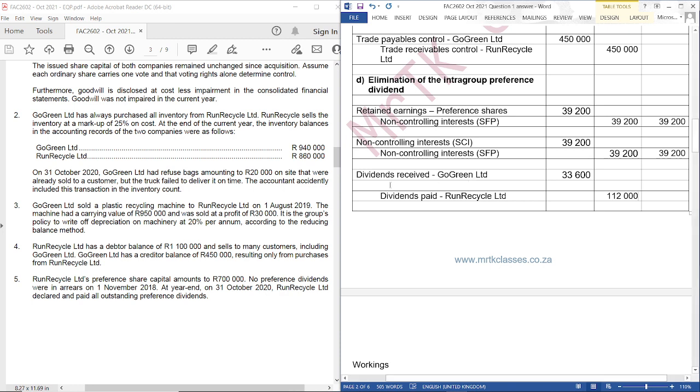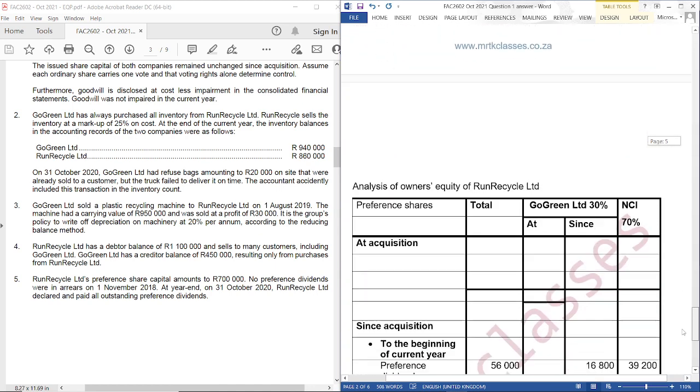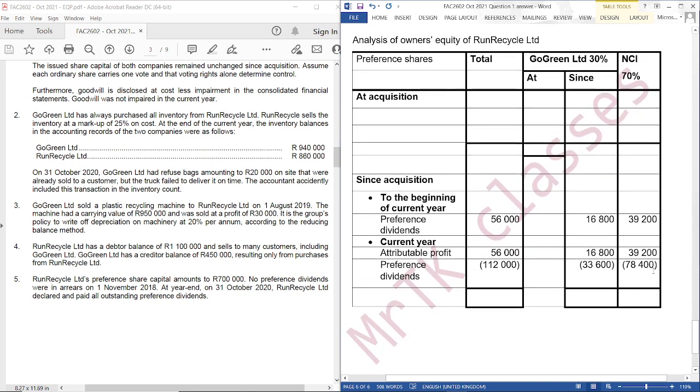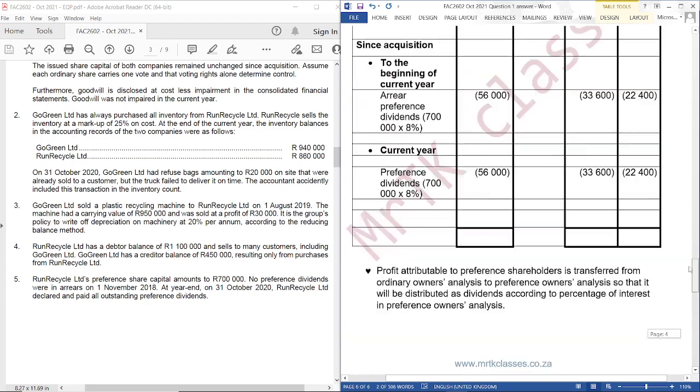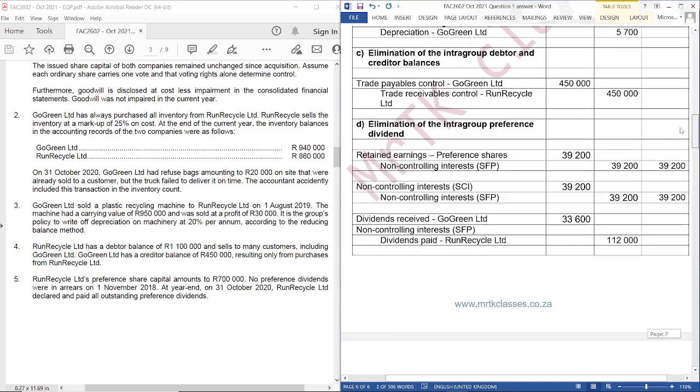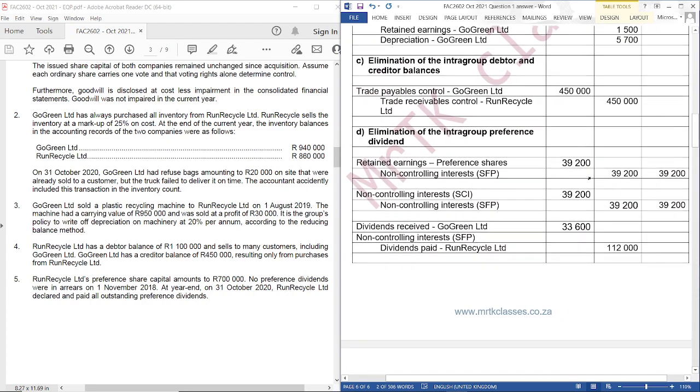Right, okay, then we are going to debit non-controlling interest in the statement of financial position, 78,400.